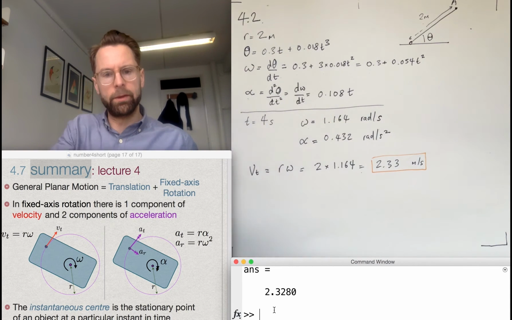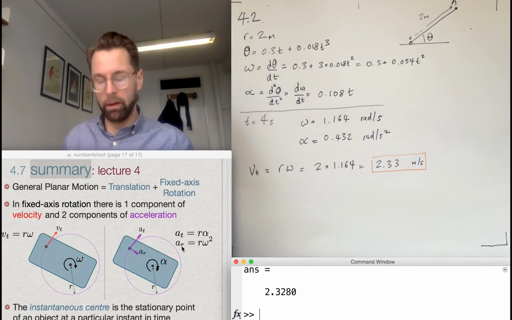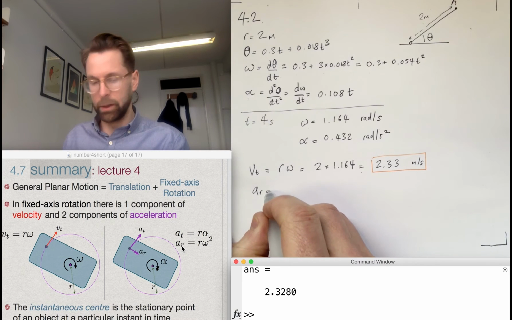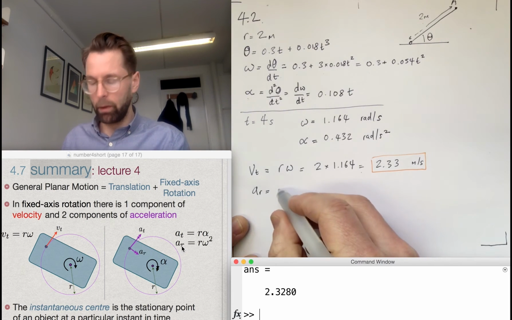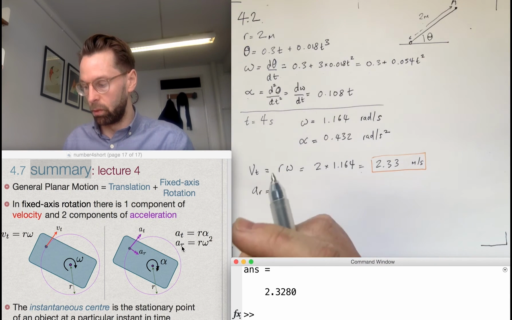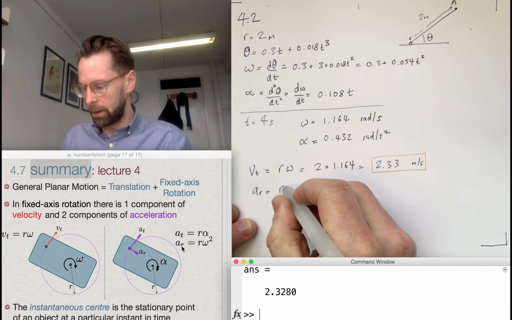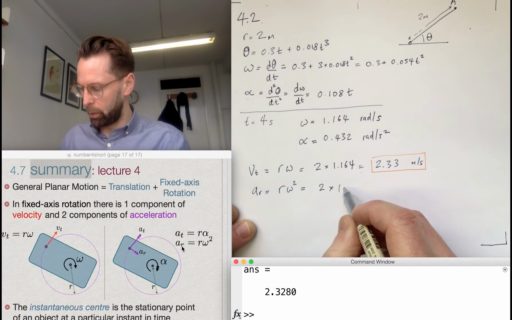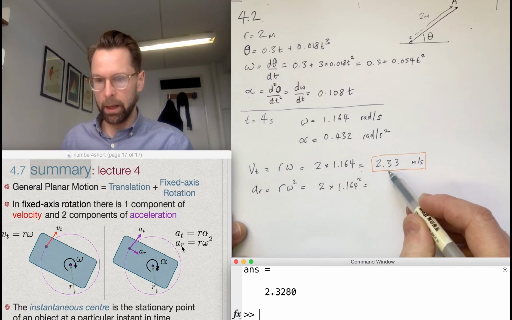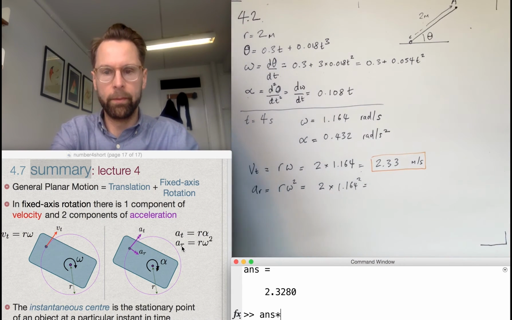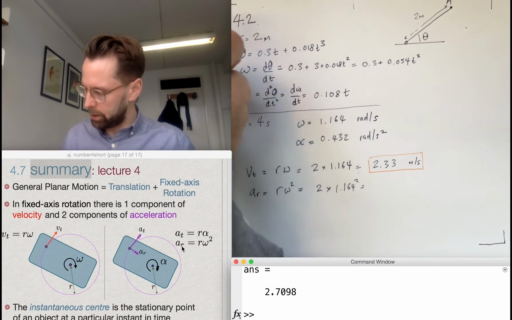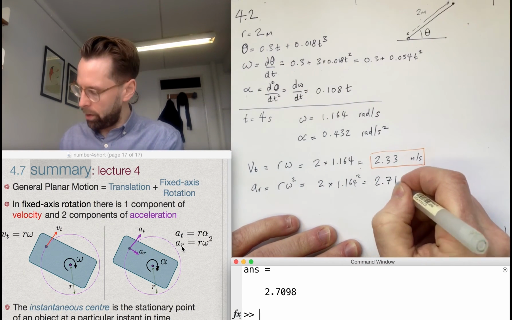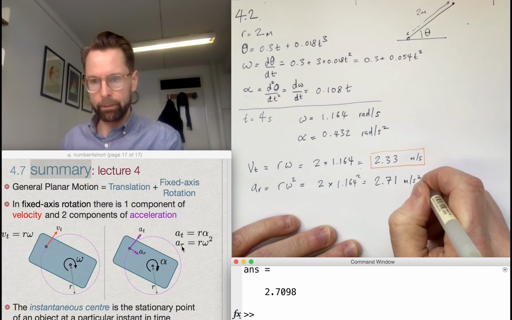There are two components to acceleration, as shown here, the tangential and the radial. So let's work out what the radial is. That's the centripetal component. We're only interested in the magnitude of this, so we can ignore the negative sign. That's r omega squared. And that's 2 times 1.164 squared, which is equal to 2.71 meters per second squared.